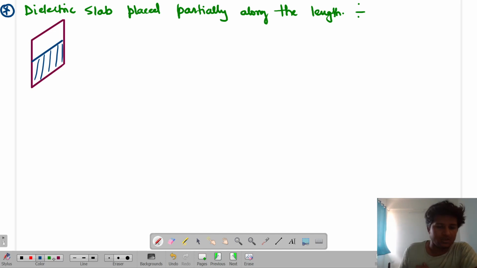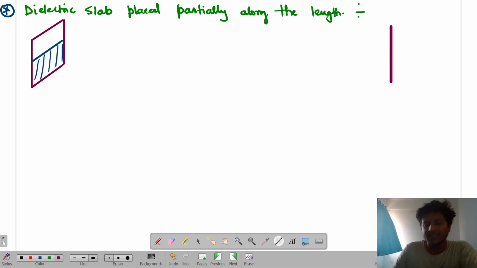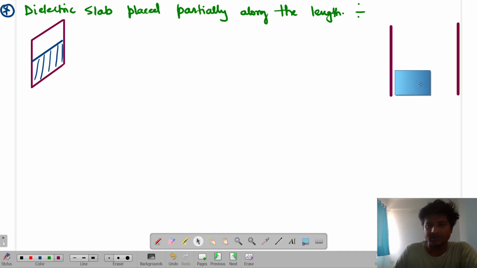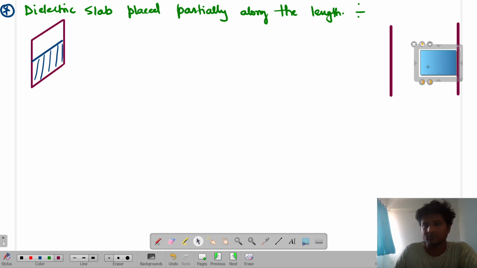So look over here. Let's suppose I have any two plates, and I fill this with a dielectric slab which is partially placed, placed like this way.